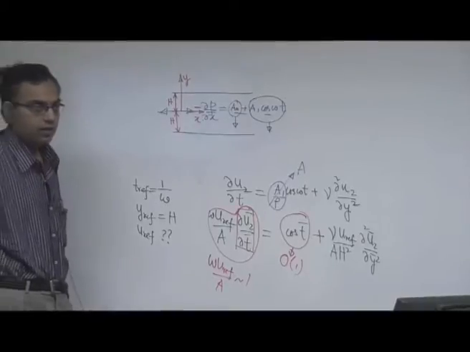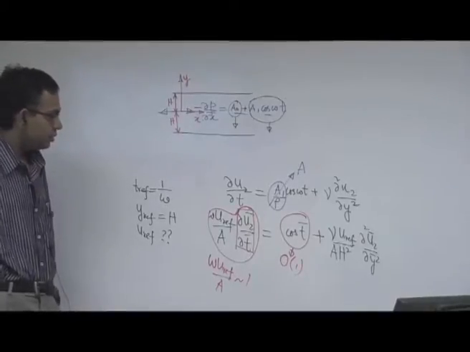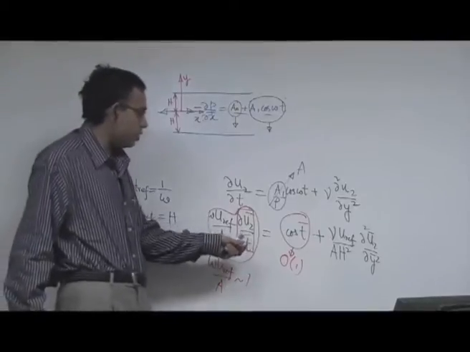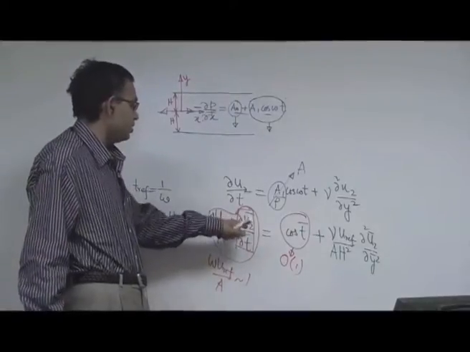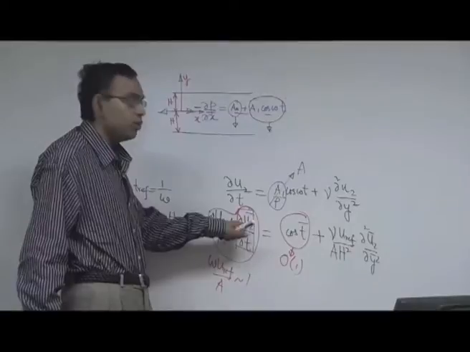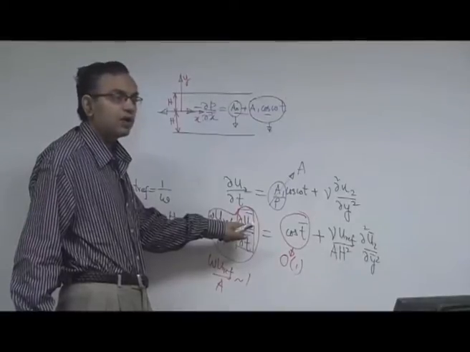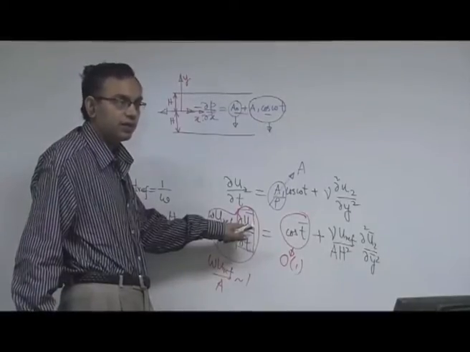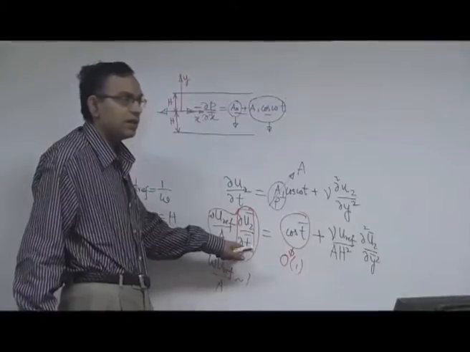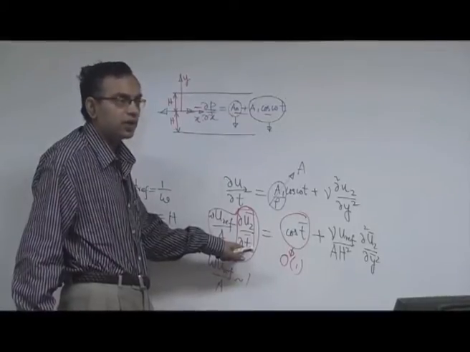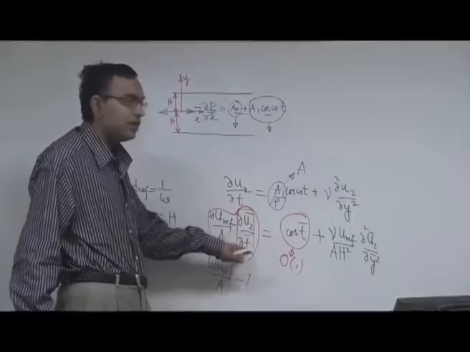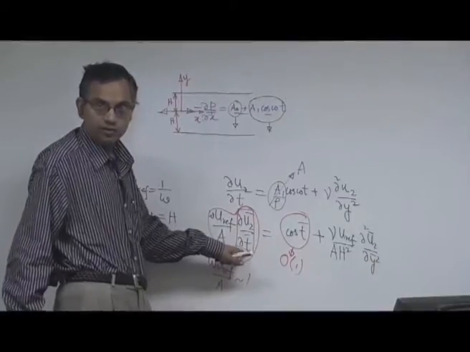Okay. The derivative is of the order of 1 because you have chosen non-dimensional u as u by u reference, which is of the order of 1 because u is of the order of u reference, and non-dimensional t by t reference, t is of the order of t reference. So, t by t reference is of the order of 1.